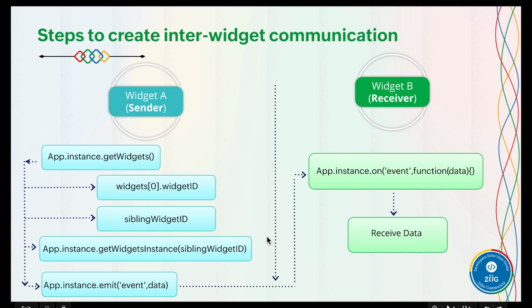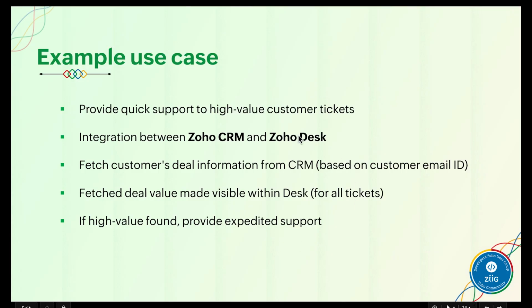Now that we have seen a complete overview of inter-widget communication, let's take a real-time use case wherein inter-widget communication can be used, and we'll see how we can implement all these components to achieve that use case. Our use case is that we have to provide quick support to high value customer tickets.